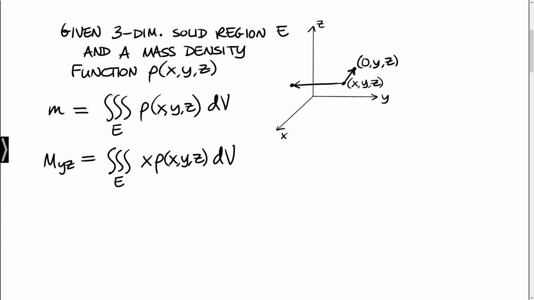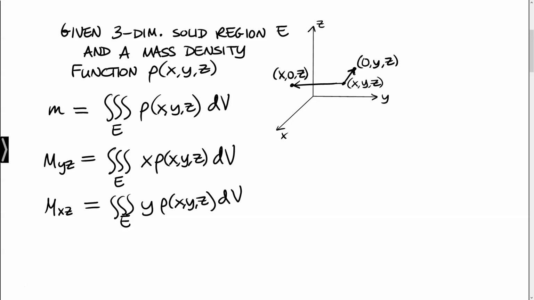So the projection onto the xz plane is going to have coordinates x, 0, z, and its directed distance to that plane will be y units, which means m sub xz will be the triple integral of y rho of xyz dv. And of course the same thing then for the xy plane. You start to see the pattern here. This would be z times the density.